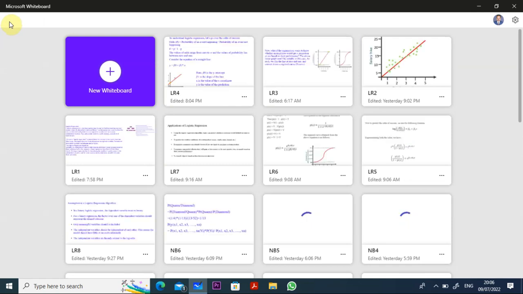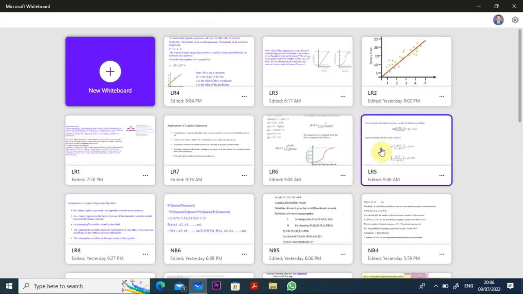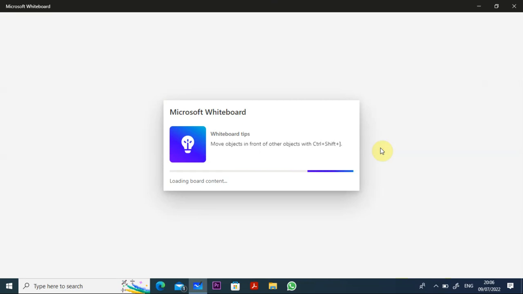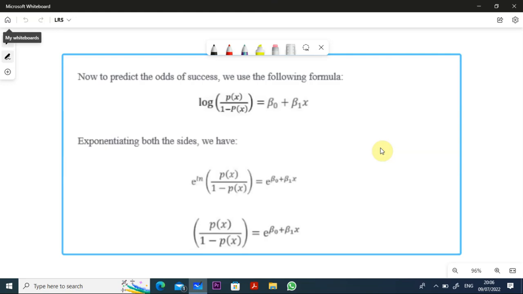Now again we go for some mathematical calculations, based on which we can understand this logistic regression properly. Now let us see, we are going to predict the odds of success with the following formula. Initially it was p divided by 1 minus p, which was represented by beta 0 plus beta 1 x, that is e to the power beta 0 and so on.